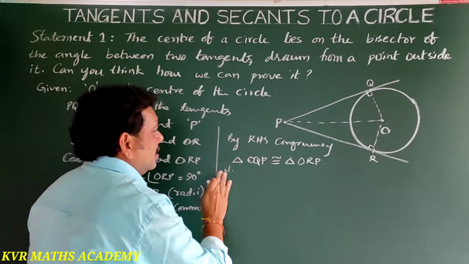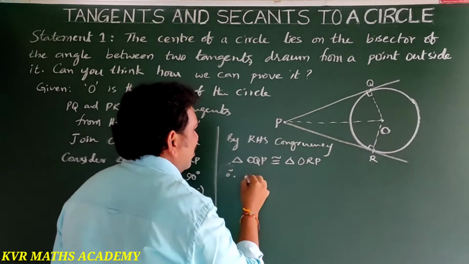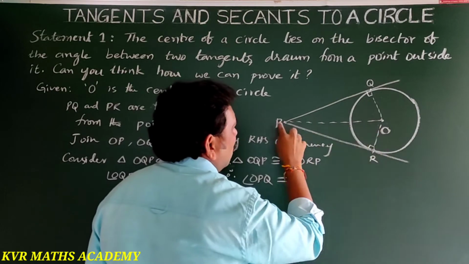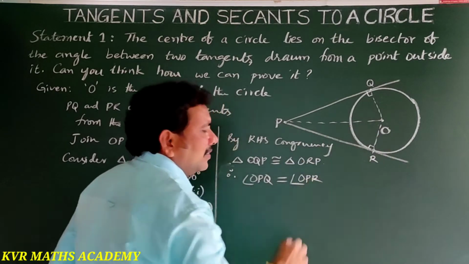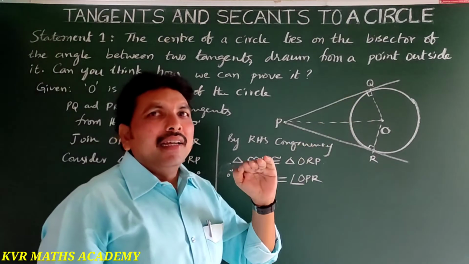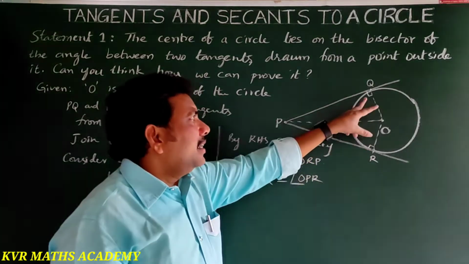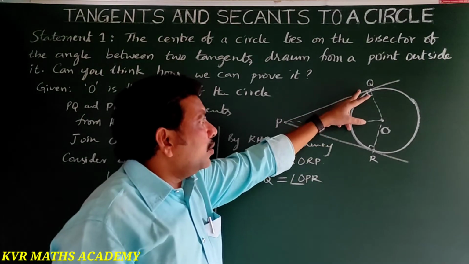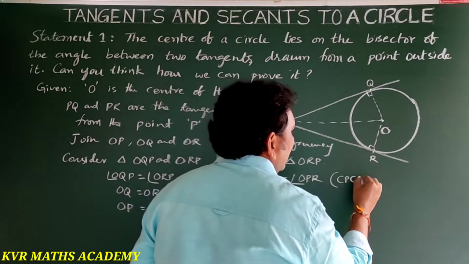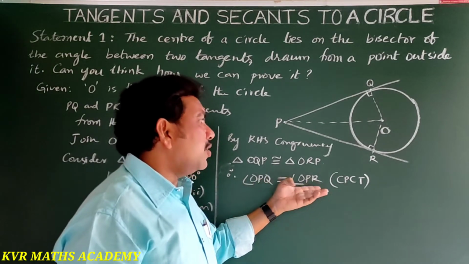Therefore angle OPQ is equal to angle OPR. Since these two triangles are congruent, then automatically the corresponding angles of the congruent triangles are equal. Yes, by CPCT, corresponding parts of congruent triangles, angle OPQ is equal to angle OPR.